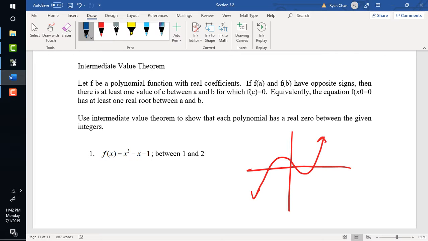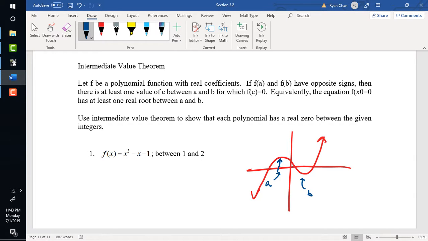So what we're saying is I have a point when x is equal to a, and I have a point when x is equal to b.